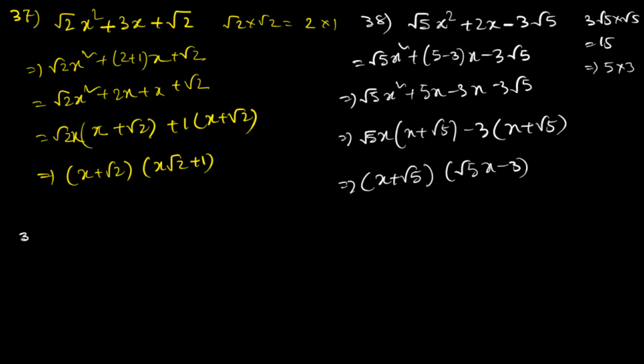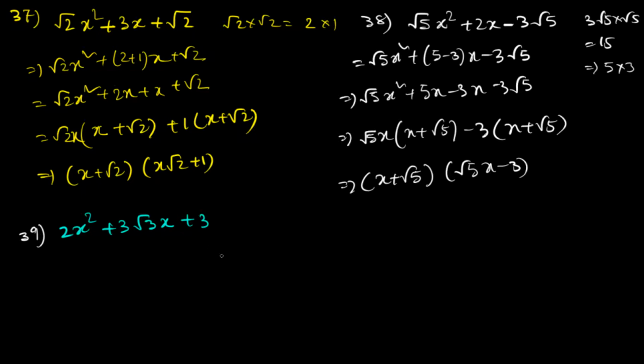We will be doing the 39th one. The 39th one is given 2x square plus 3 root 3x plus 3.